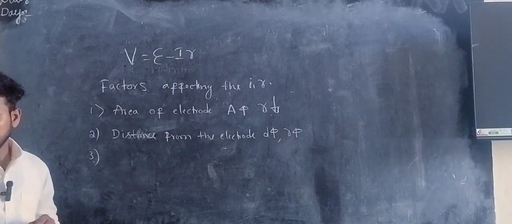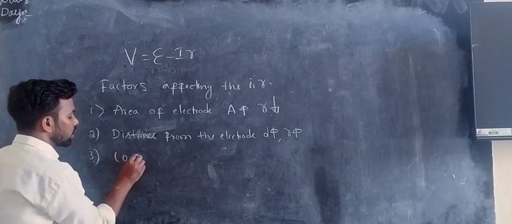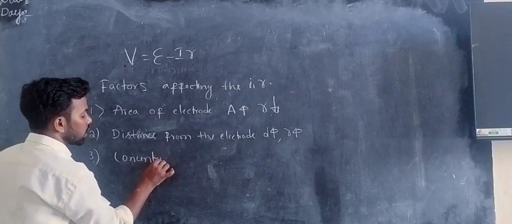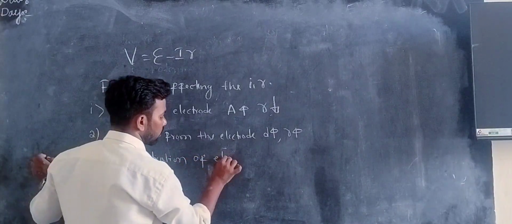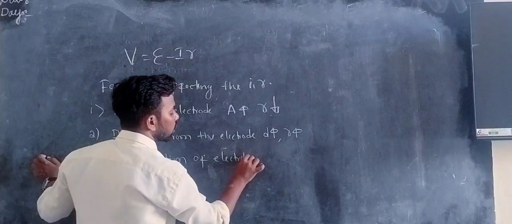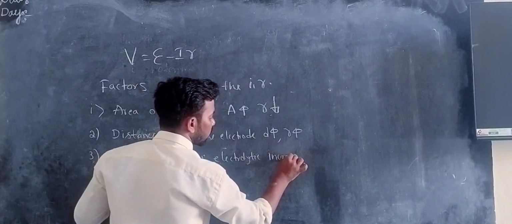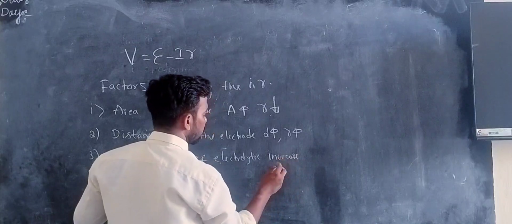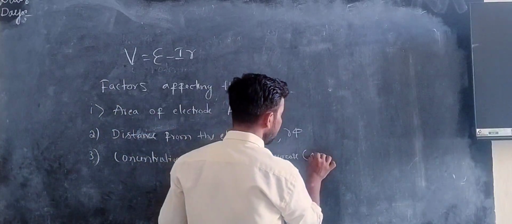Third point, concentration of the electrolyte. As the concentration of electrolyte increases, that is, C increases, R also increases.